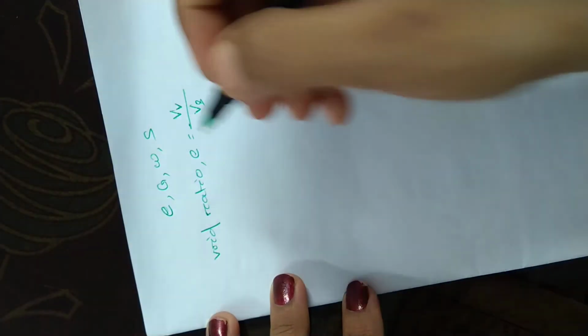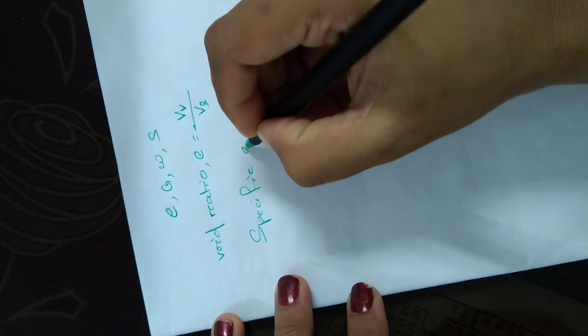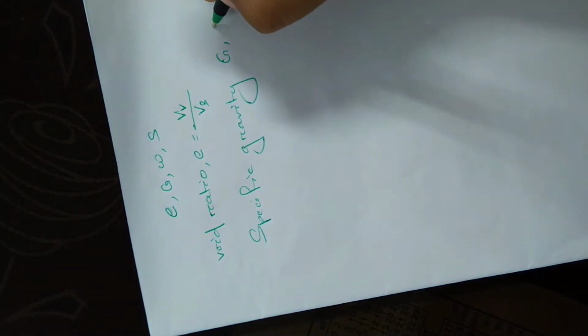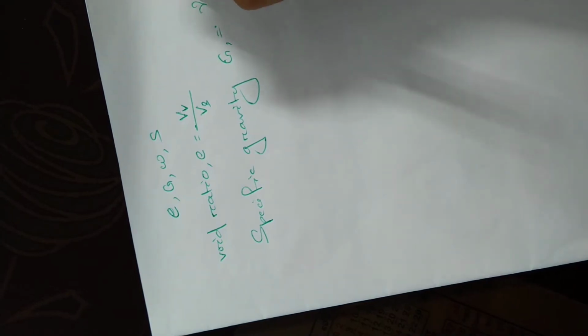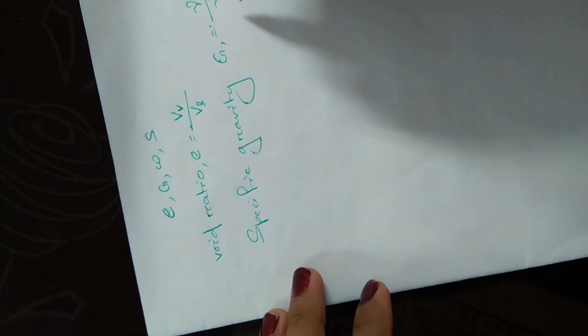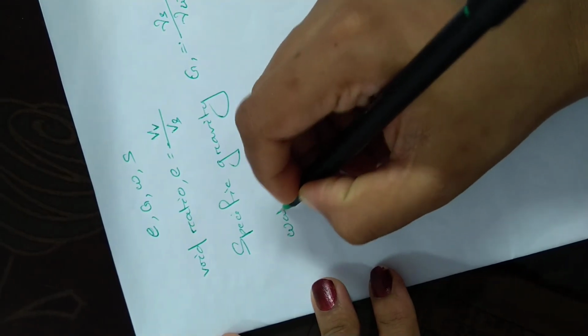Next is G, specific gravity. Specific gravity G is taken as gamma S by gamma W, that is unit weight of soil by unit weight of water. Next symbol is of water content.